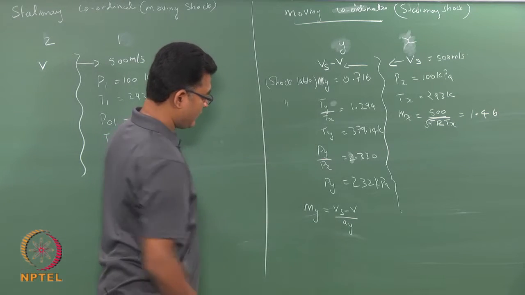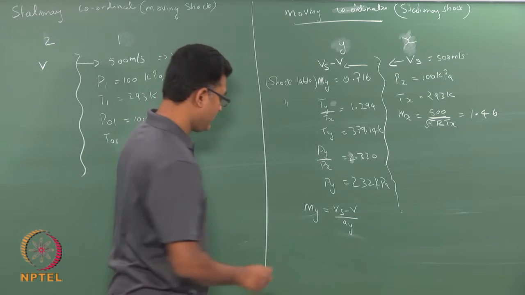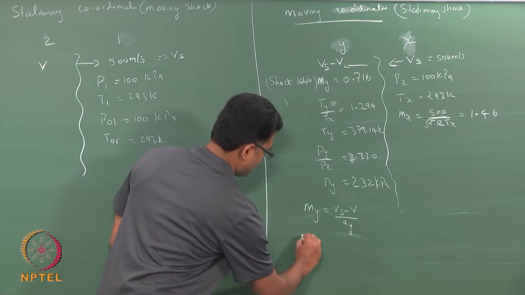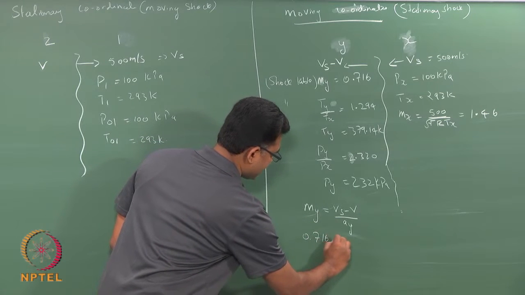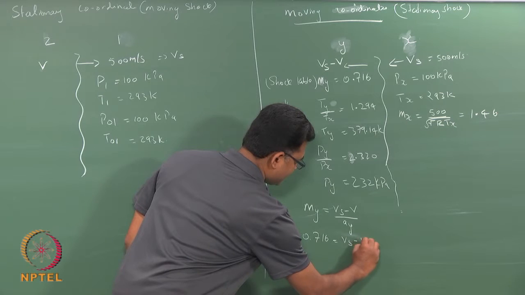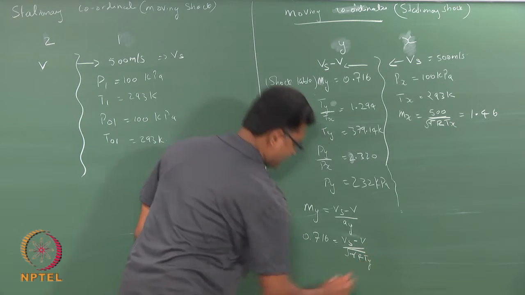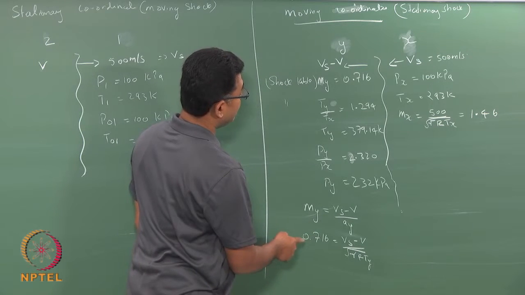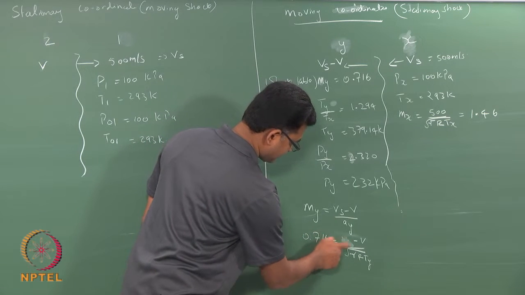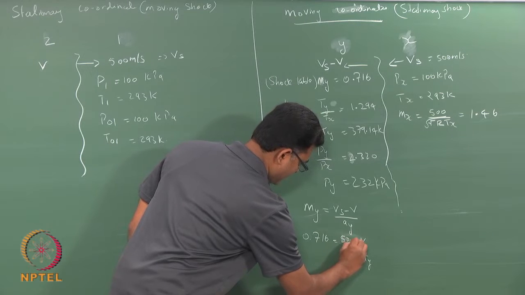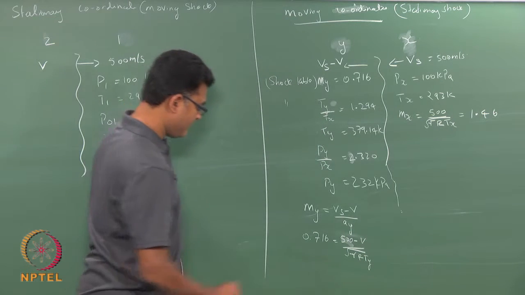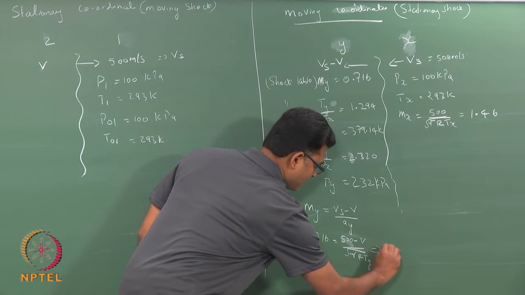Now since I know my Ty, I can find my Ay. So my My is 0.716 equals Vs minus V divided by gamma R Ty. So Vs also we know as 500, from which I can find my V.